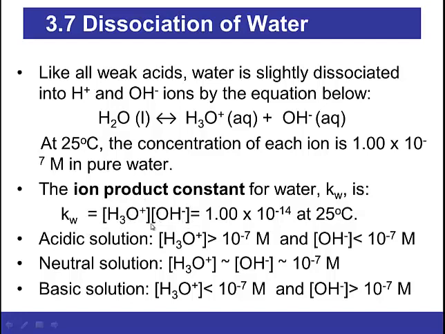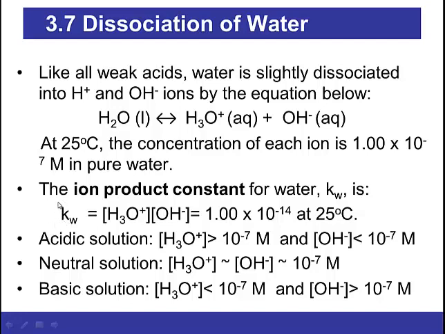And so we don't need to divide it by the total water concentration because that's going to be very, very high. So we know that in pure water, the concentration of each of these guys is 1 times 10 to the minus 7 molar. And so we can say that this times this then would be 1 times 10 to the minus 14 at 25 degrees Celsius. And so this becomes an equation that we can utilize for the water constant for the Kw.